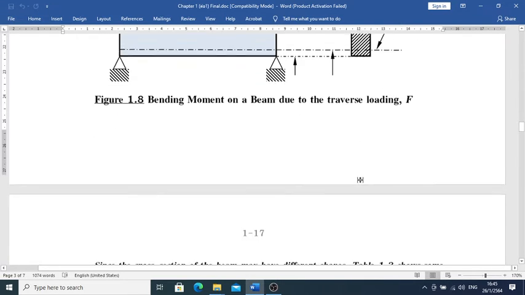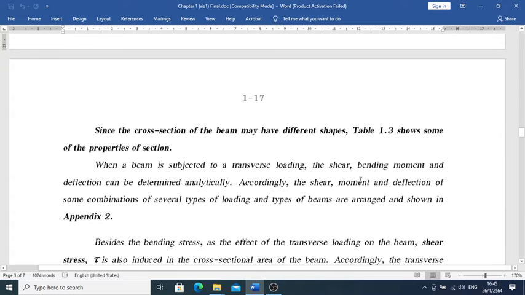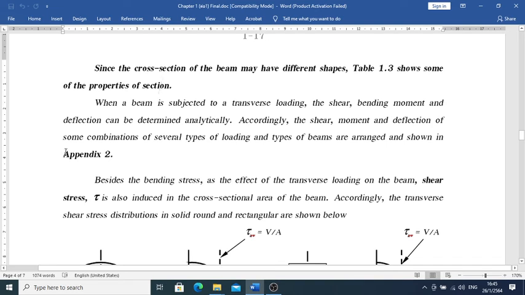Since the cross-sectional beam may have different shapes, Table 1.3 shows some properties of the section, and there is also Appendix 2. Could you please have a look at it?